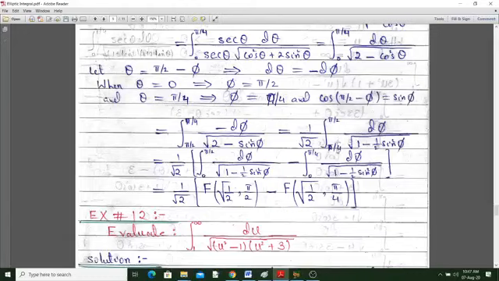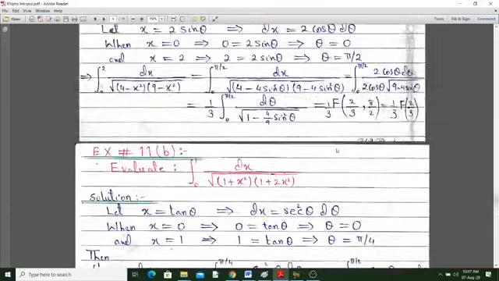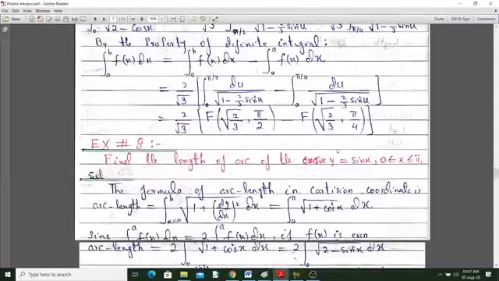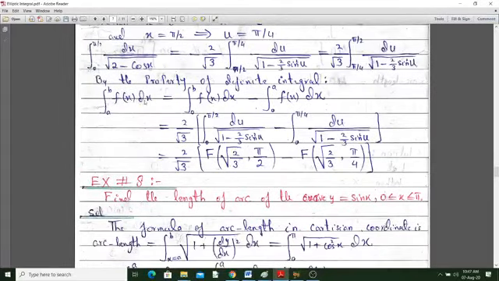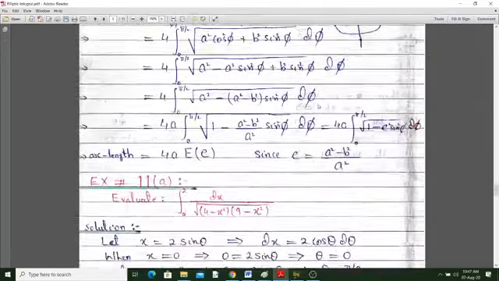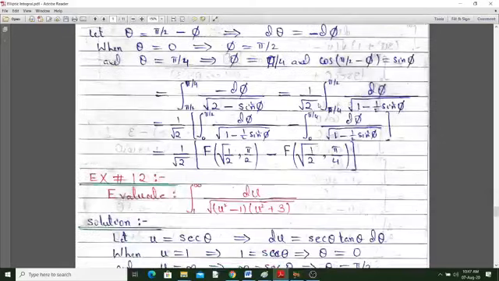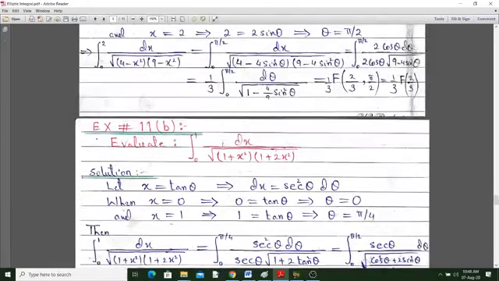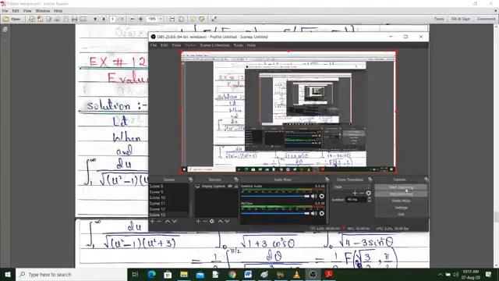In order to bring this 0, we use the same property of definite integral. You know that integral a to b of f of x dx can be written as integral 0 to b of f of x dx minus integral 0 to a of f of x dx. So we can write that integral in this form, 0 to pi by 2 and 0 to pi by 4. But what is this? This is a complete elliptic integral of the first kind, and this is an incomplete integral of the first kind. So we prove that the given integral is equal.